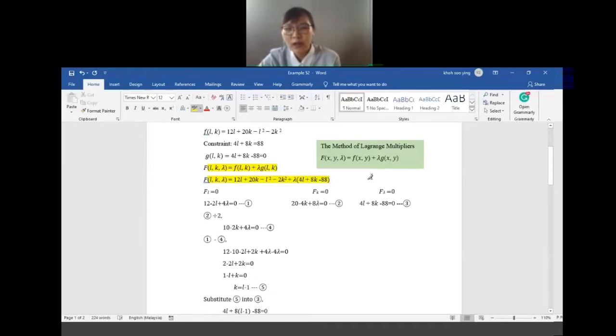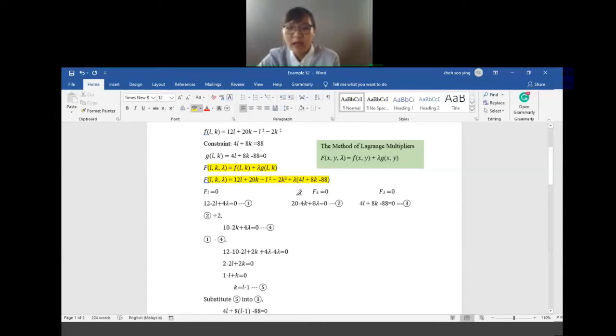Then we have to find the critical point for this function by finding F_L, F_K, and F_lambda. To find F_L, we differentiate this function by treating the variables K and lambda as constants. So we get F_L = 12 - 2L + 4 lambda and set it equal to 0.